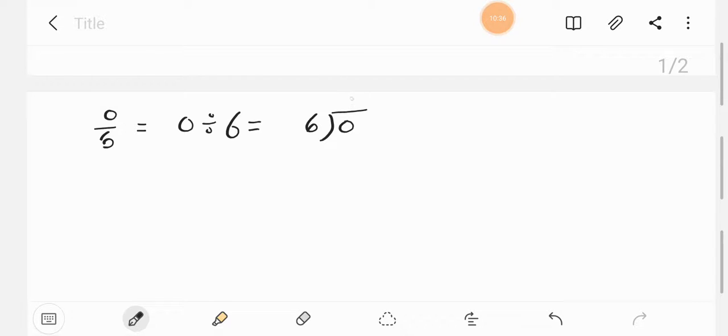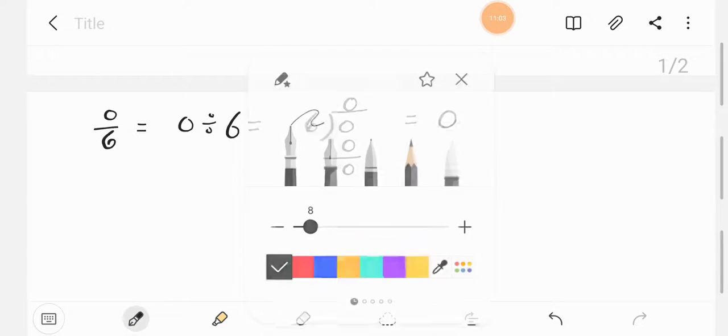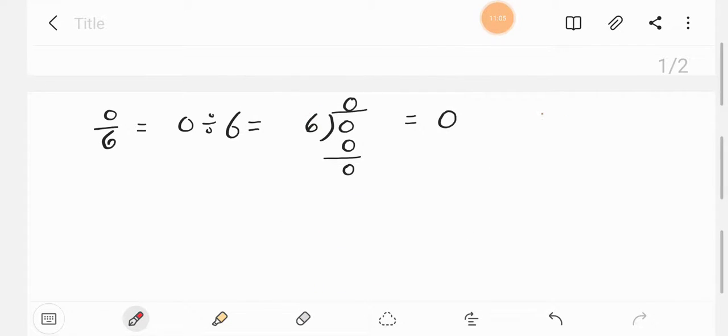The only number that makes the product 0 is 0. 6 times 0 is 0. So you can divide 0 evenly, and the answer is 0. So if the numerator is 0, then the result is 0.